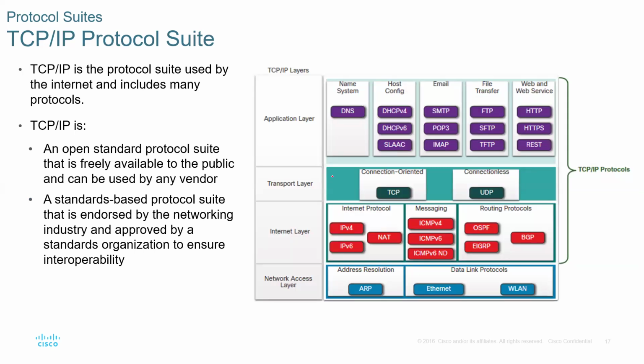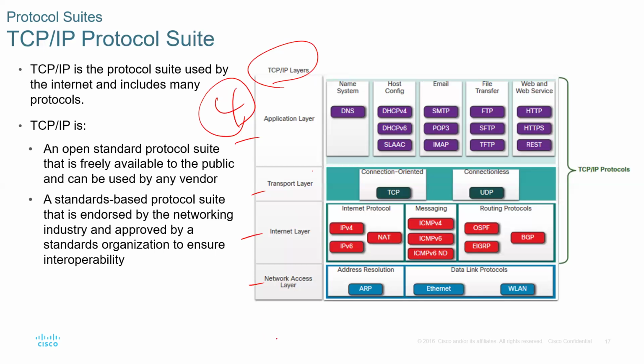The difference is that TCP/IP is more practically applicable. I'll explain in later slides. The other one is more theory, a theory-based model. As you can see, for TCP/IP we have four layers: application, transport, internet, network access.